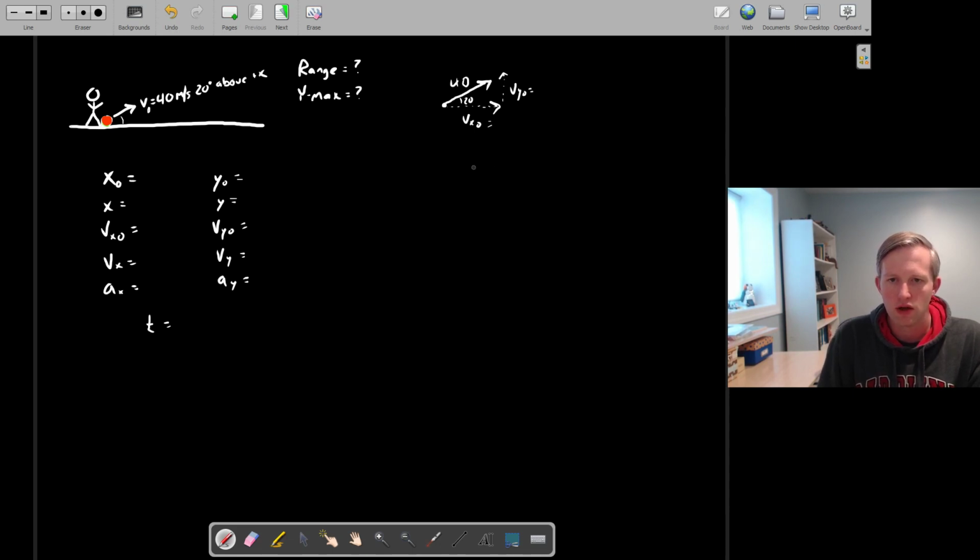So if I know that cosine of the angle, SOHCAHTOA, is the adjacent over the hypotenuse, and just another reminder, sine of the angle is opposite over the hypotenuse, then I can solve my VXO, which is the adjacent side, should be my overall velocity, that's the hypotenuse, times cosine of 20, and my VYO should be 40, my overall velocity, times sine of the angle.